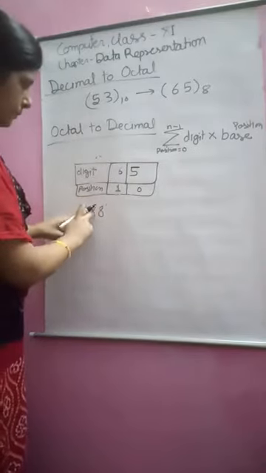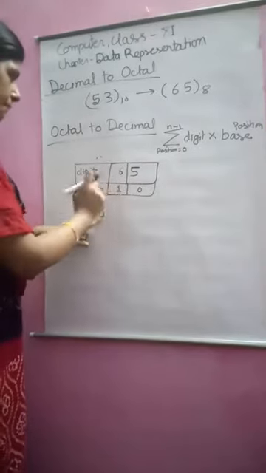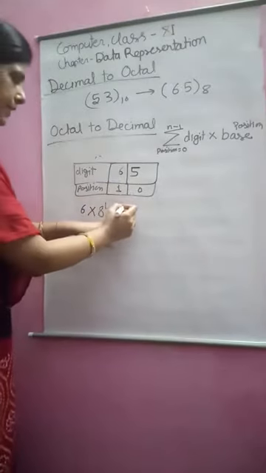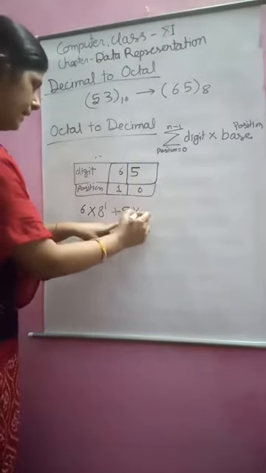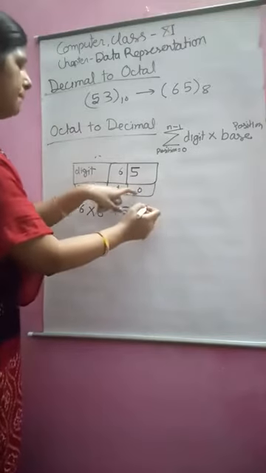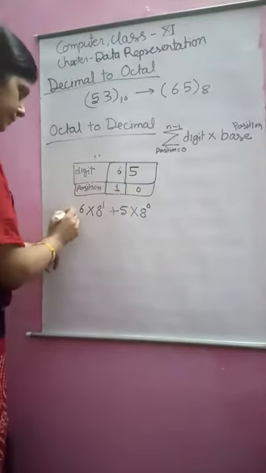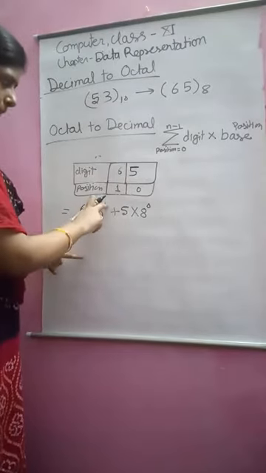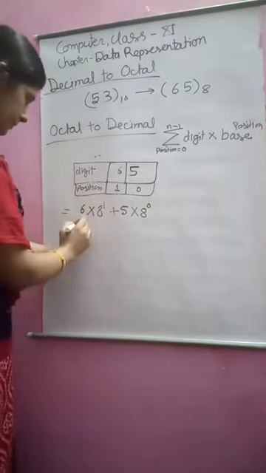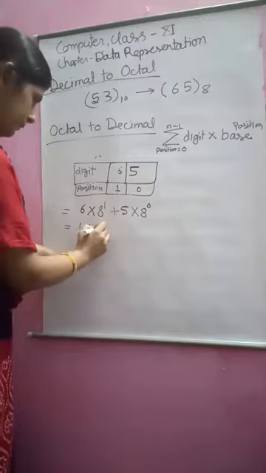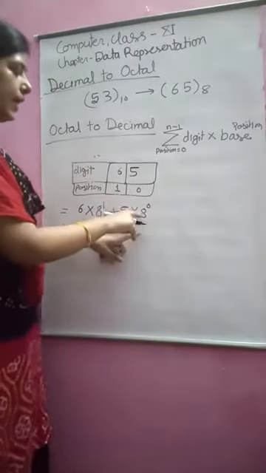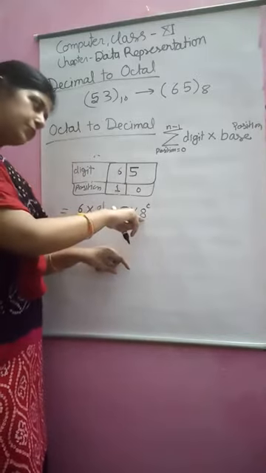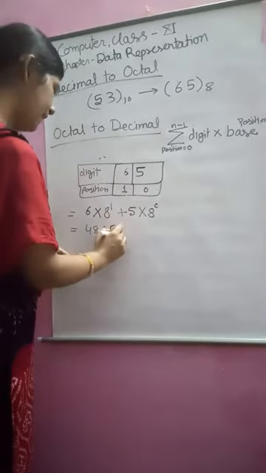Digit value multiplied by base to the power position value, plus the next digit multiplied by base to the power position value, equals 6 cross 8. 8 to the power 1 is 8, so 48, plus 5 cross 8 to the power 0, which is 1, meaning 5 cross 1, that is 5.